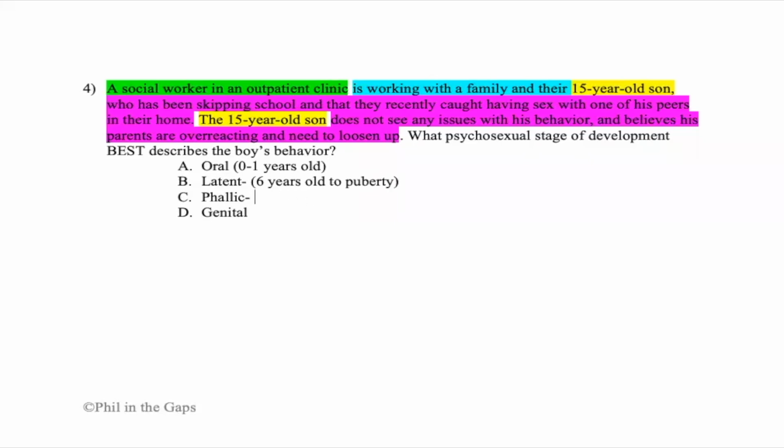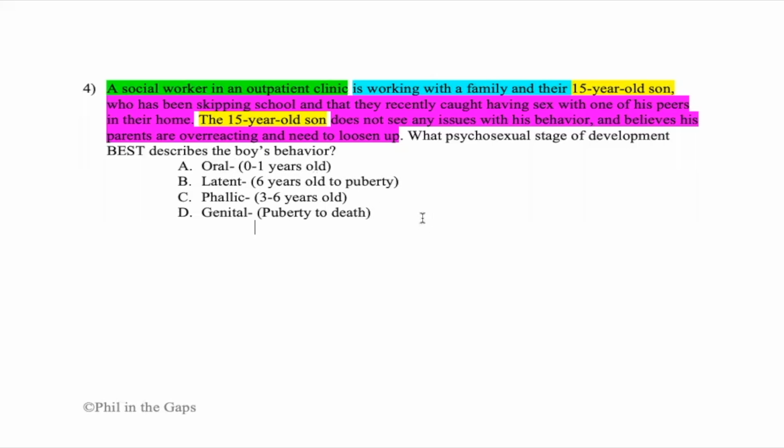The phallic stage is going to be 3 to 6 years old. And then D, genital, is going to be puberty to death. Let's look back at the question to see what we're looking at in particular.